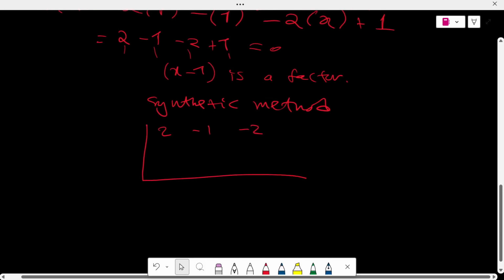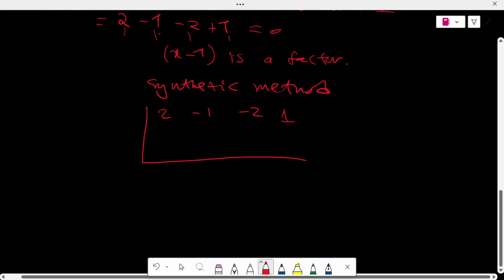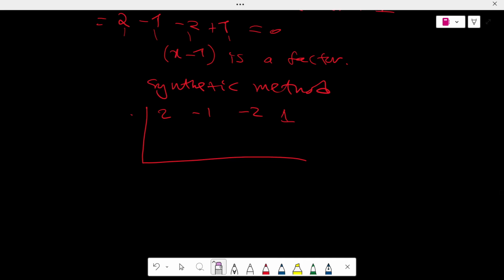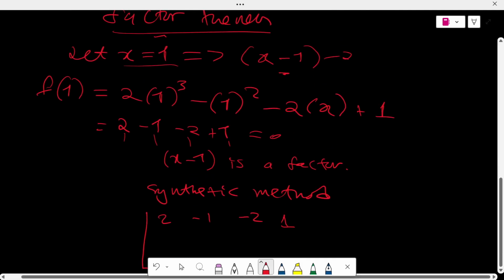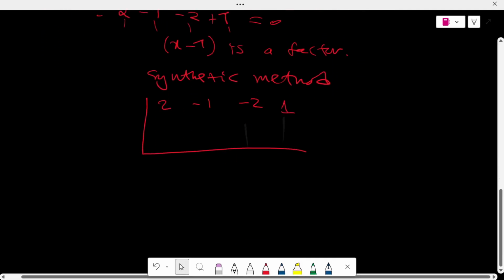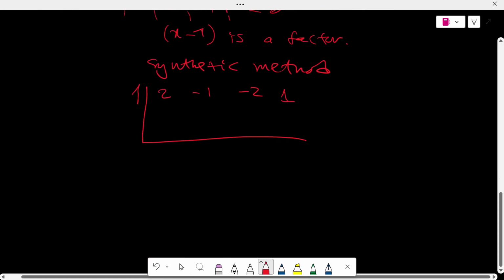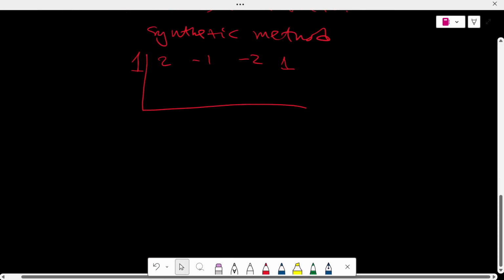What else do we have? We have 1. Okay, and then on this point here, you put the factor, the number, which is this number here, so we put 1 here.